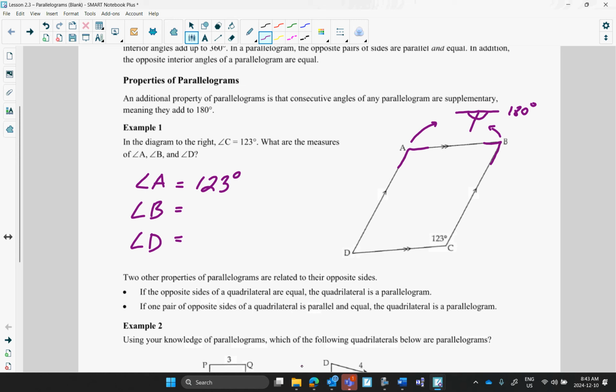What would angle B be? So we know this is 123 degrees. Remember, these two add up to 180. So to find B, I just have to do 180 minus 123. 57 degrees. And now that we know this one, D has to be the same as B, so D is also 57 degrees.